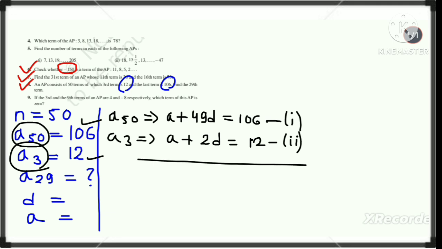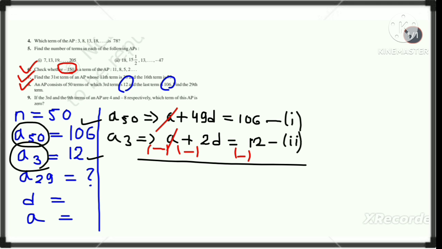Now we have to subtract equation 2 from equation 1, and in doing so the sign of the terms which are getting subtracted will be changed. So here will be minus, and here also minus, and here also minus. Now this a and this a can be cancelled out, and here 49d minus 2d.